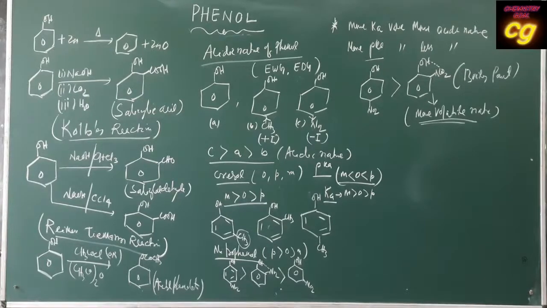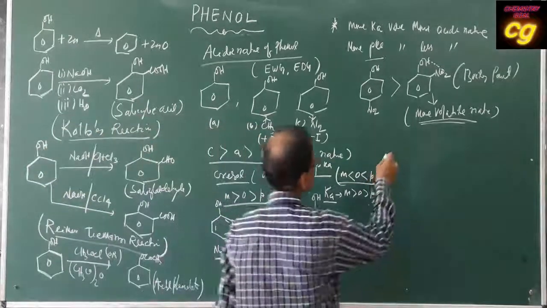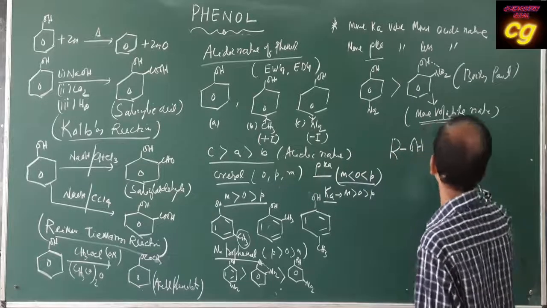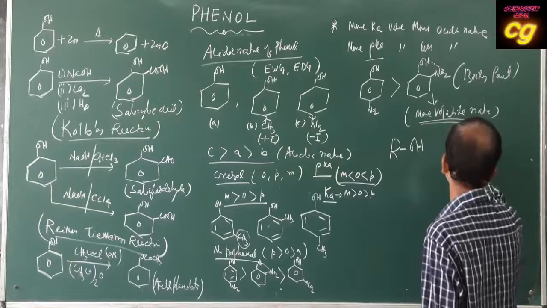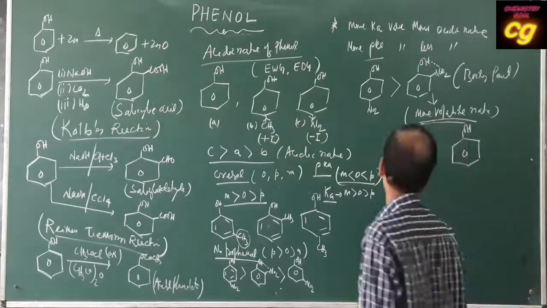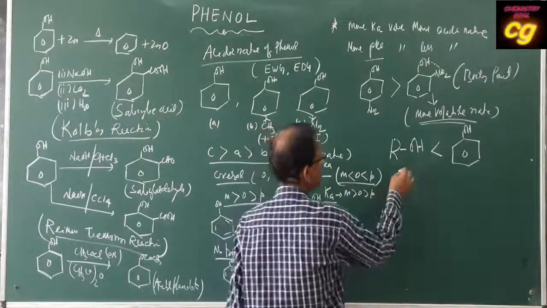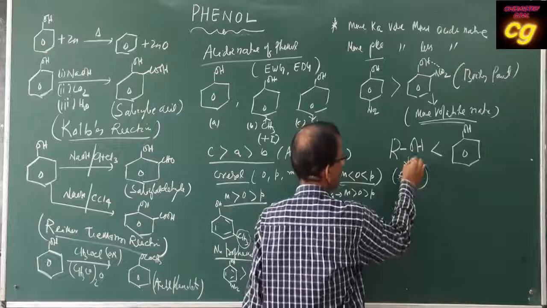Now the distinction between alcohol and phenol: compare the acidic character. Alcohol is less acidic than phenol because its conjugate base is RO minus after loss of hydrogen.